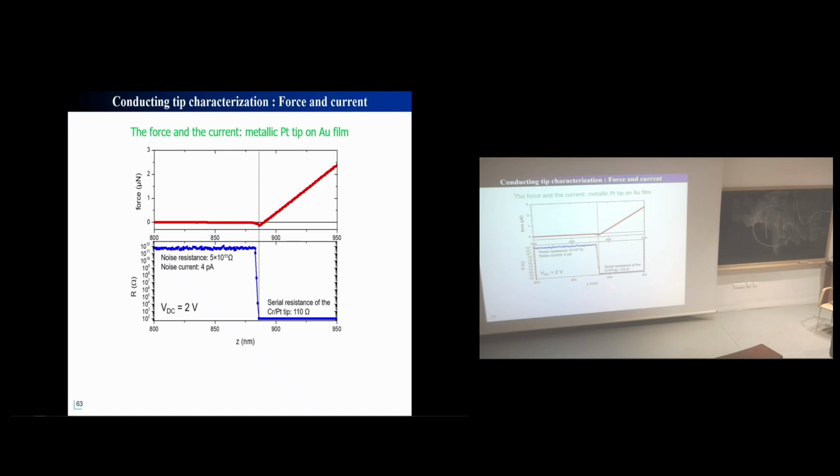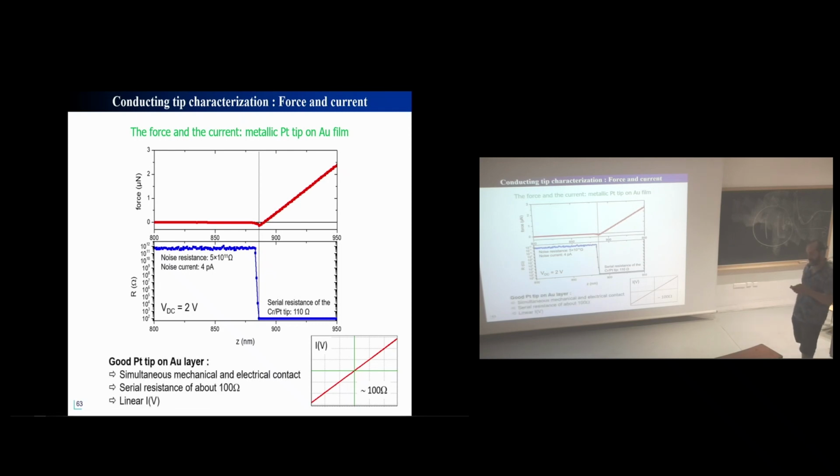Saturation, when you touch the surface, the resistance decreases a lot, and you reach the minimum resistance here. If you make an IV, you can see it's nicely linear. And this is the requirement for good probes: a simultaneous contact, a low resistance, and a linear IV.